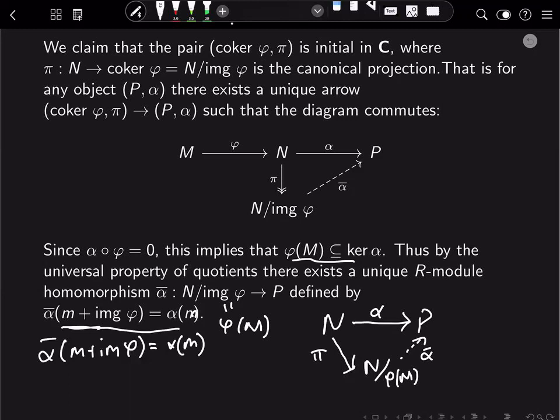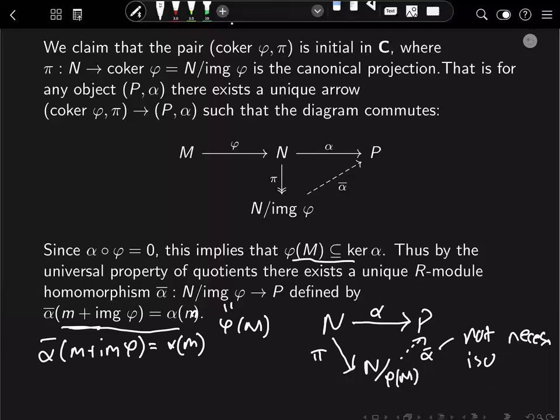And I'll just remind everyone that alpha doesn't have to be surjective, right? So this is not necessarily an isomorphism. It is an isomorphism, so this becomes the first isomorphism theorem, when alpha is, I'm sorry, when alpha is surjective, because we can mod out by the kernel of alpha.